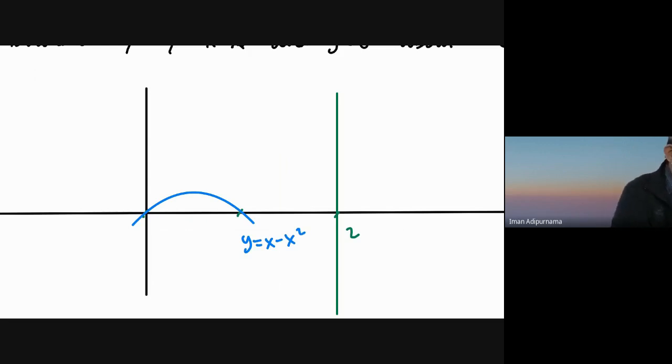This is x equal to 2, rotate through here, and let's take this sample here. Okay, so let's use the shell method.